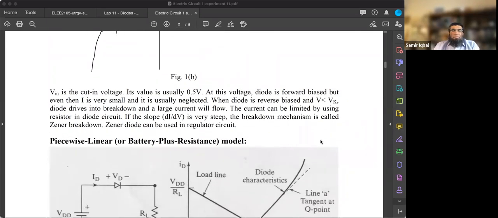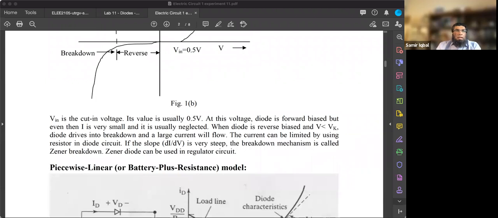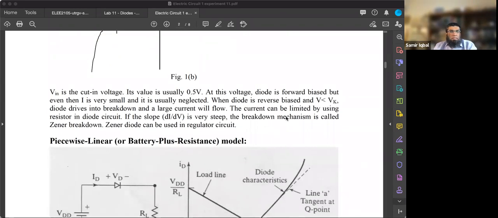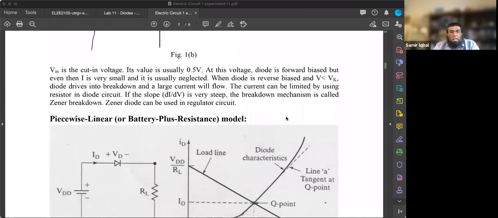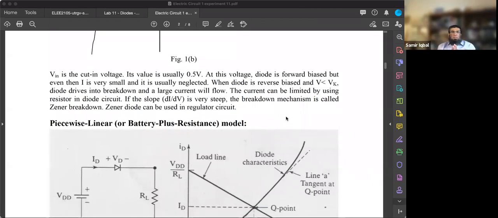Here the breakdown is shown to have some slight angle, but if it is much steeper, straight down, we call it a Zener diode. That's a special kind of diode where the current is huge in reverse bias once it reaches the breakdown voltage. All right, so just a basic introduction.